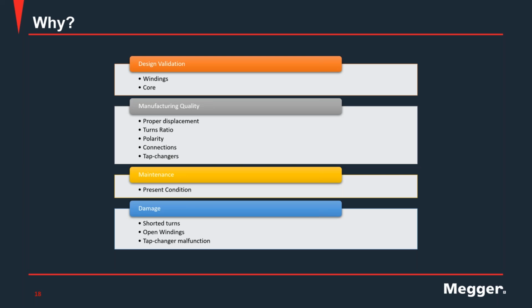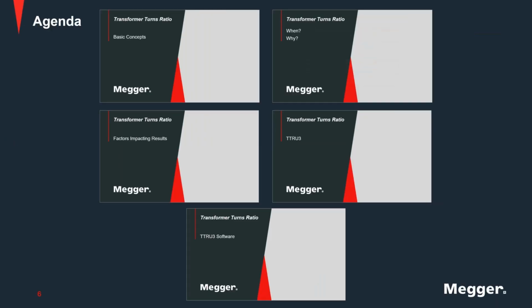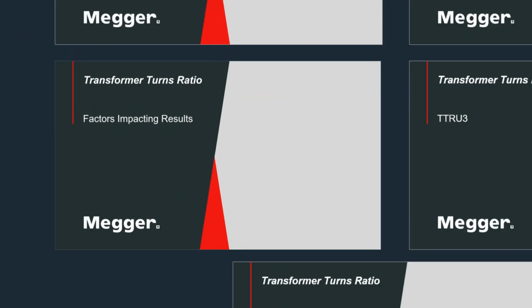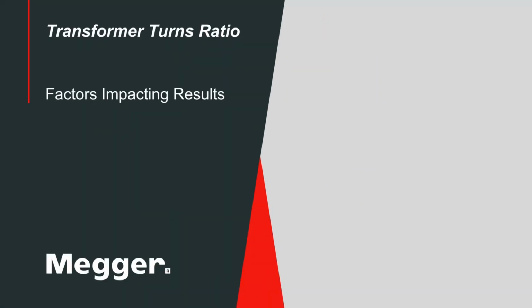So that's the why and what type of issues we can find when performing TTR. Again, a very simple test, but it can give us very important information on our transformer. So now we know the basic part, when we need to perform it and why.